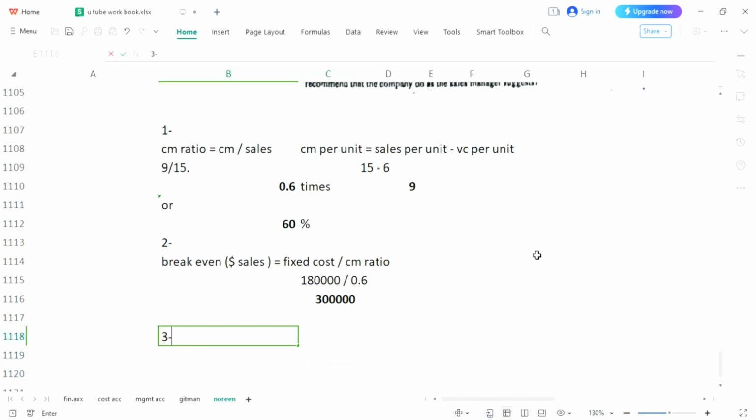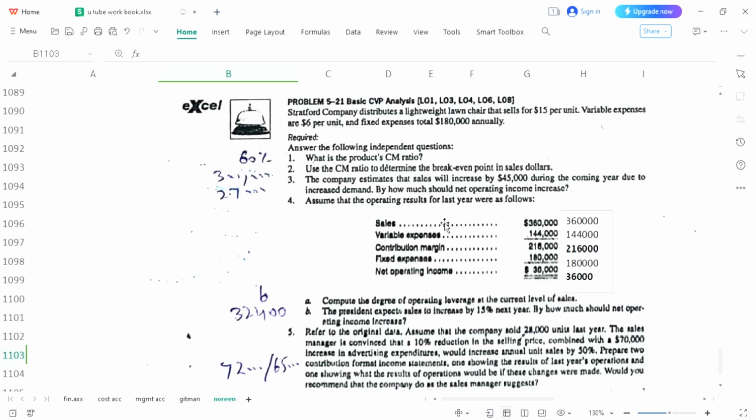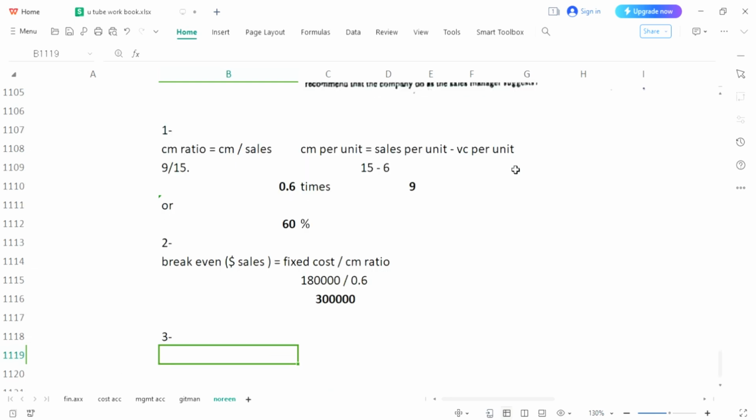You need to get the number of units first. As you can see, numbers are not mentioned, and without numbers you will not be able to make an income statement. Since they are talking about the break-even point, we will calculate the break-even point in terms of units.